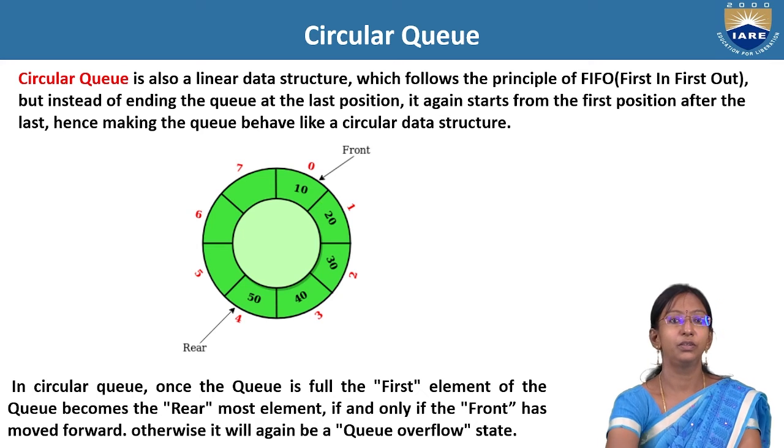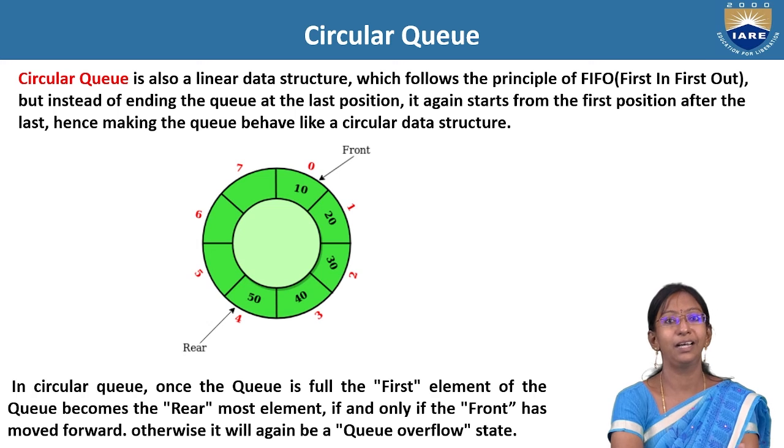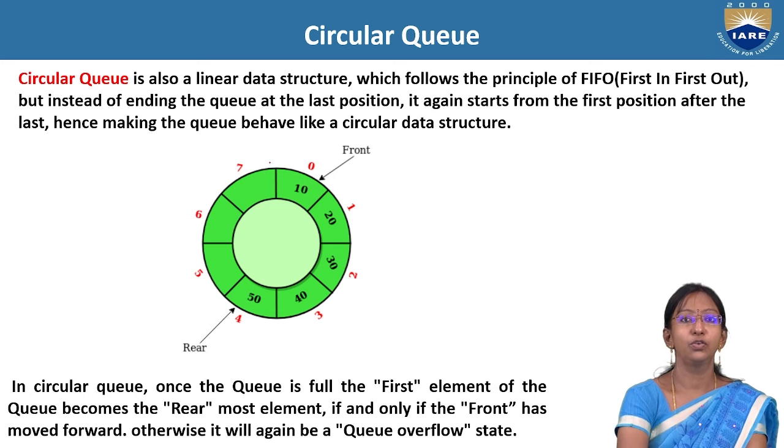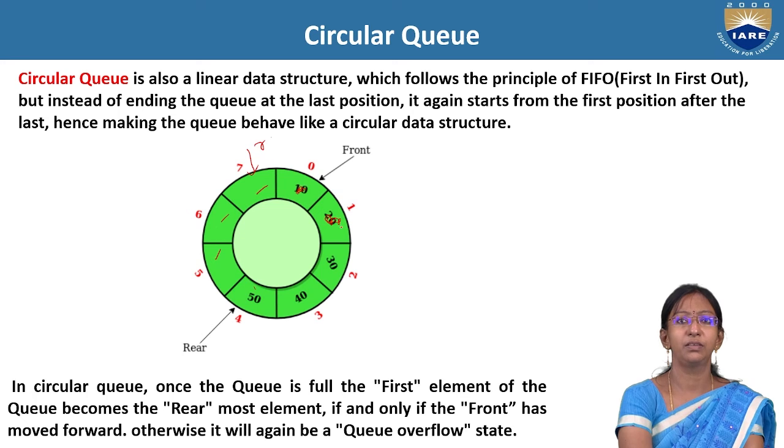Okay. So the drawback of linear queues you are going to overcome using circular queues. So a circular queue is nothing but a queue where the last element and the first element are linked, right? So if you try to insert an element, for example, you have inserted elements in the 5th, 6th and 7th positions. Now your rear is pointing to the highest index, and you have deleted two elements, 10 and 20.